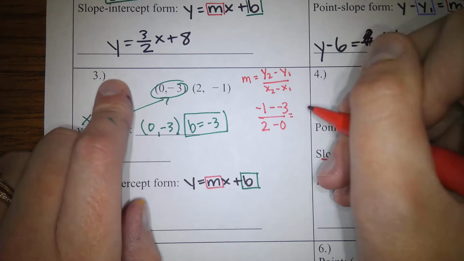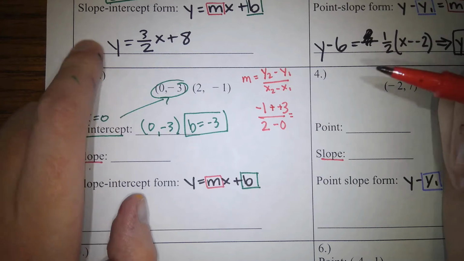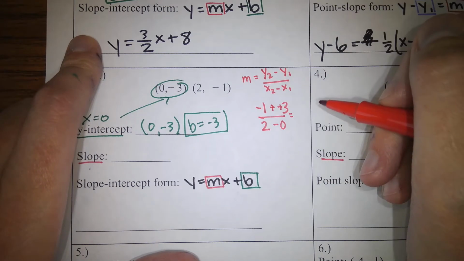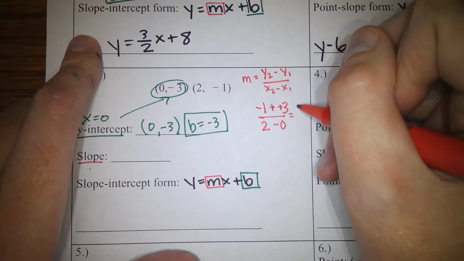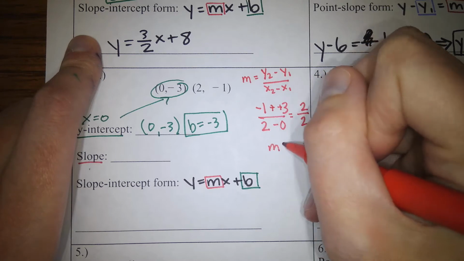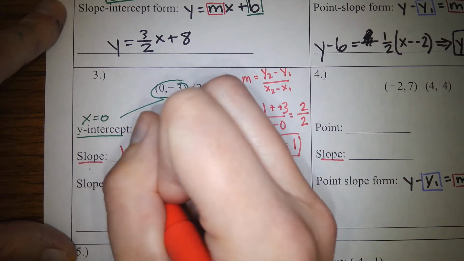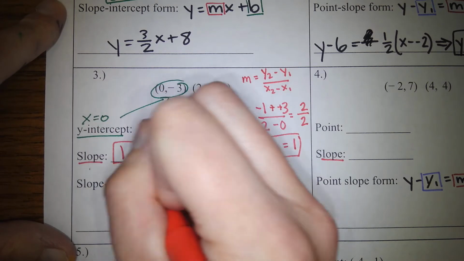So that would give us -1 minus -3, that's really plus 3, right? The two negatives turn into a positive. So -1 plus 3 will give me 2. 2 minus 0 will also give me 2. So our slope would be equal to 1 in this case. So 1 is equal to our m.